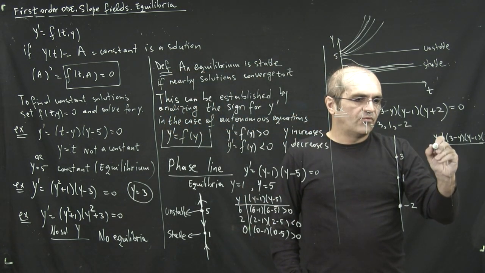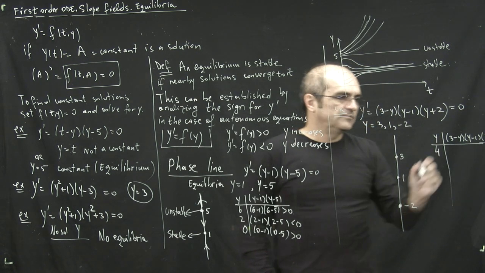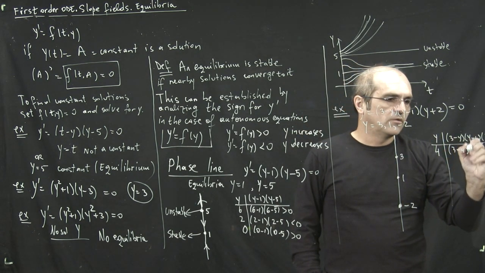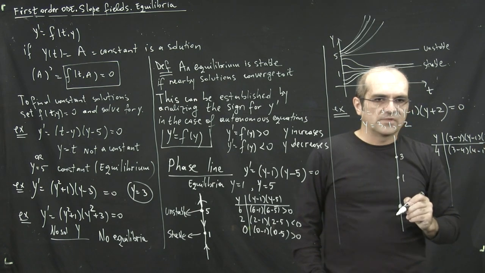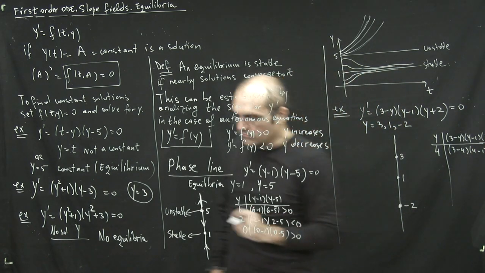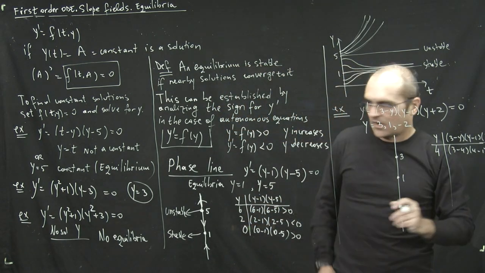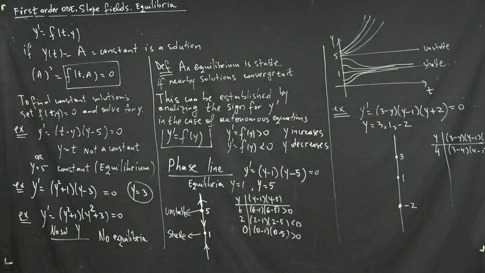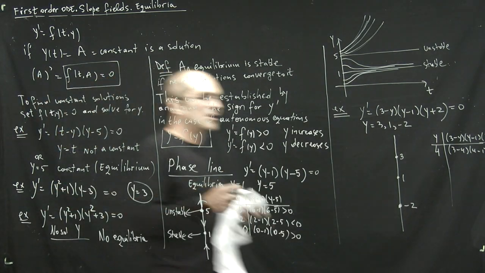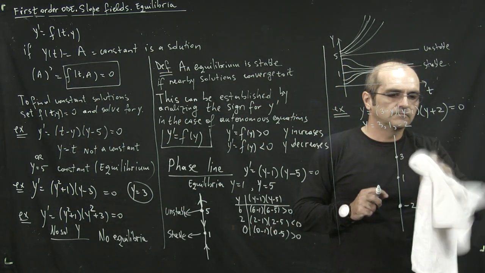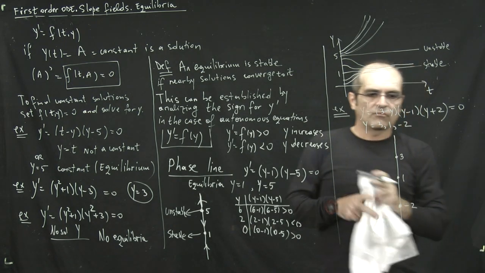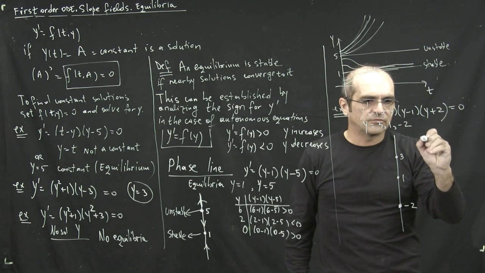So a test point above 3, let's say 4. So 3 minus 4, 4 minus 1, 4 plus 2. It's kind of out of range here, so let me actually do it again, a little bit closer so that it's not out of range.